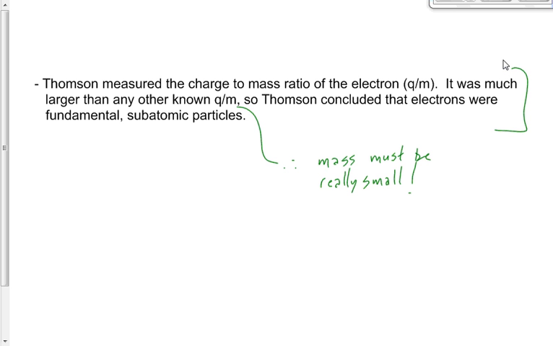Q over m is big. Well, the denominator, m, must be small. Q over m is bigger than anything else ever observed. Well, then m must be smaller than anything else ever observed. Therefore, it's got to be not just negatively charged particles, but subatomic particles.